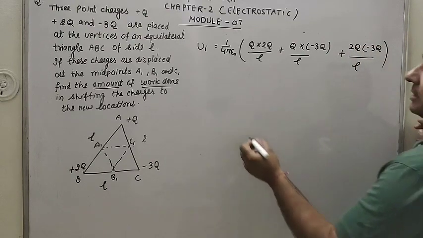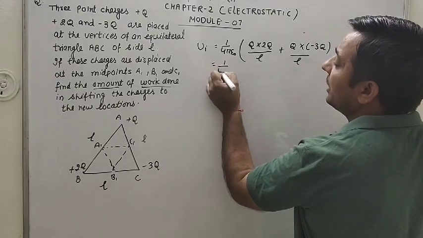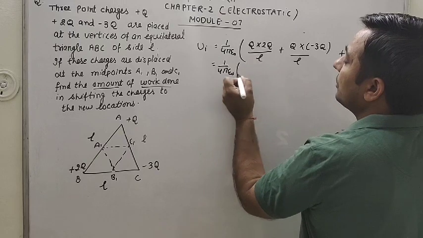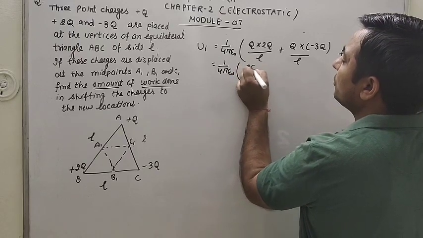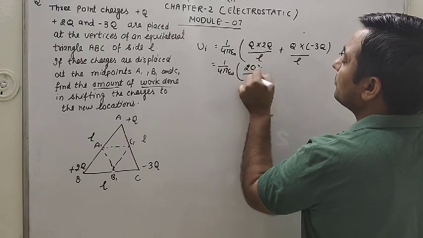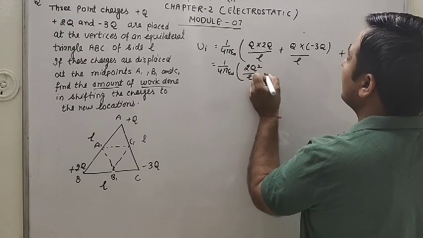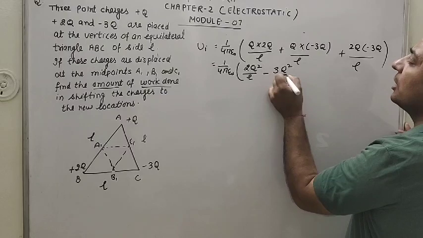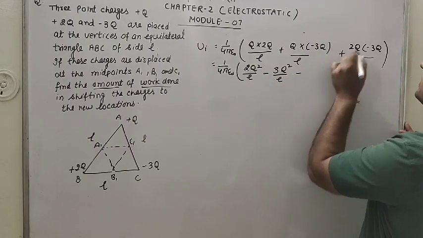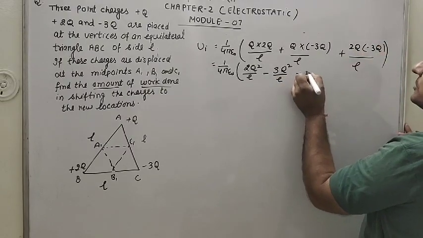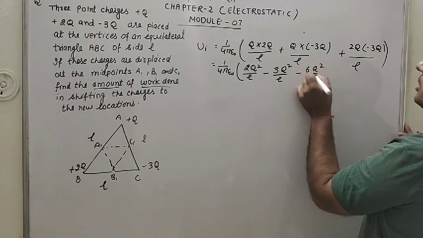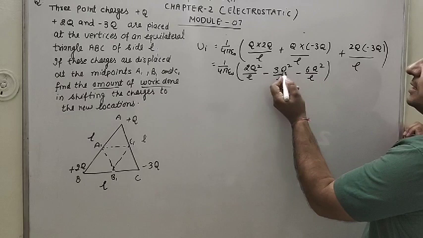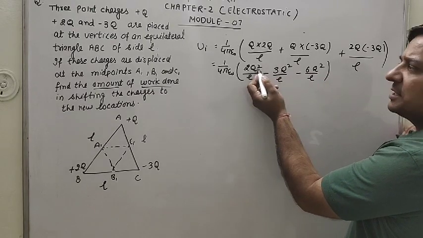So that is equal to 1 by 4 pi epsilon naught times 2Q squared upon L, minus 3Q squared upon L, minus 6Q squared upon L. Now what is the value? 2 minus 3 minus 6 gives minus 7.